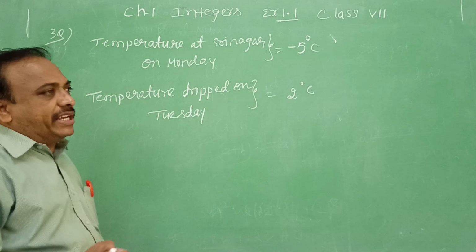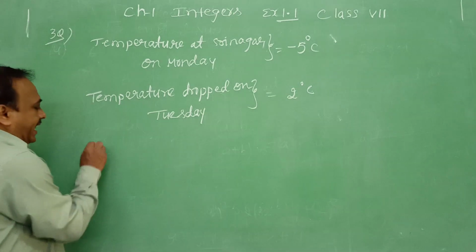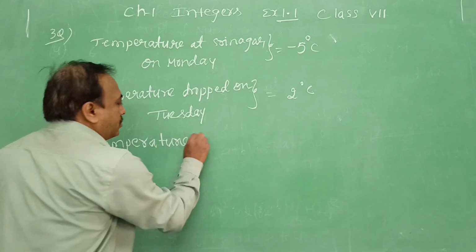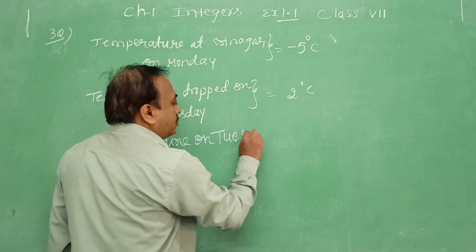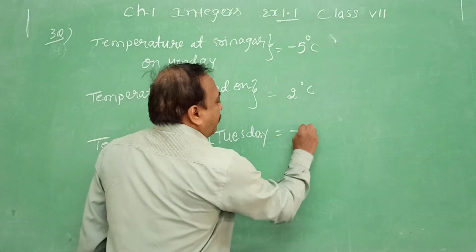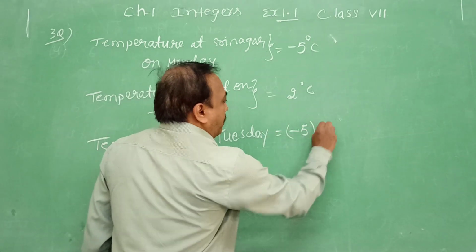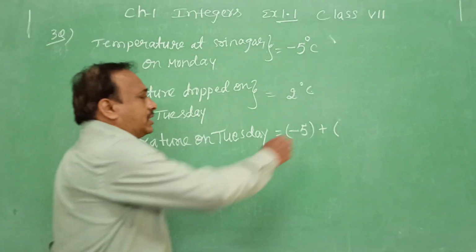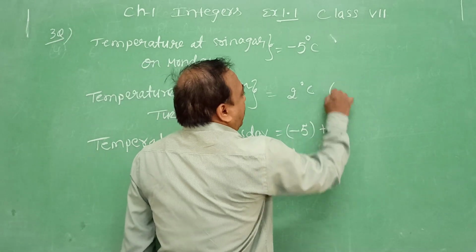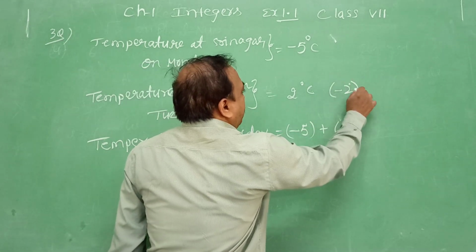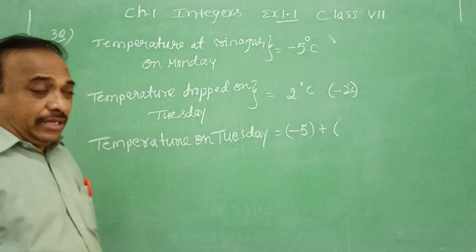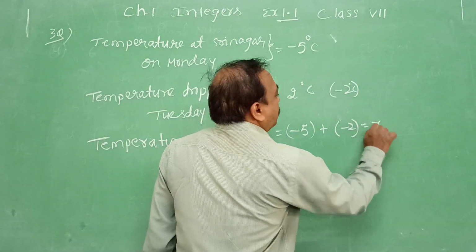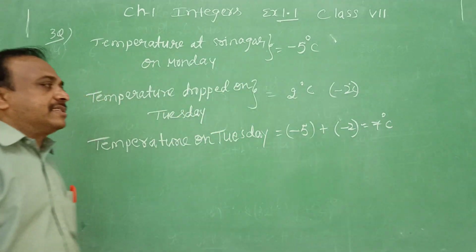The temperature on Tuesday is minus 5 plus, it is dropped 2 degrees, so we represent it with minus 2. Rise means plus, dropped means minus. So minus 5 minus 2 equals minus 7 degrees Celsius.